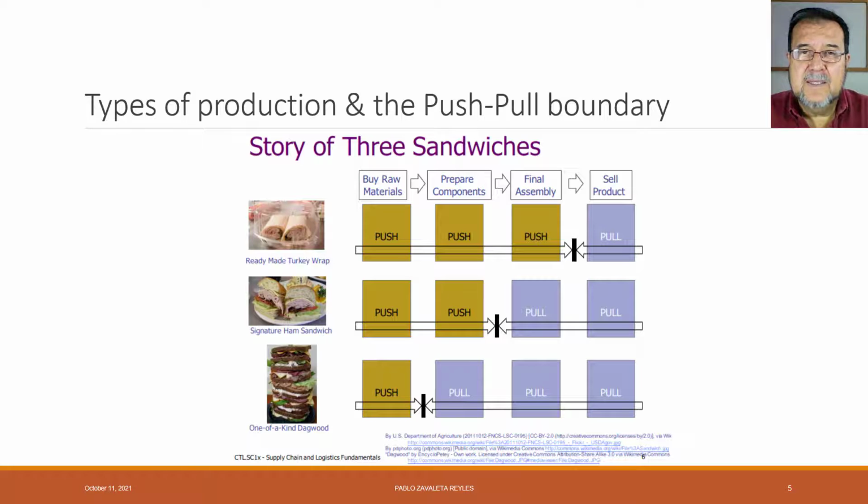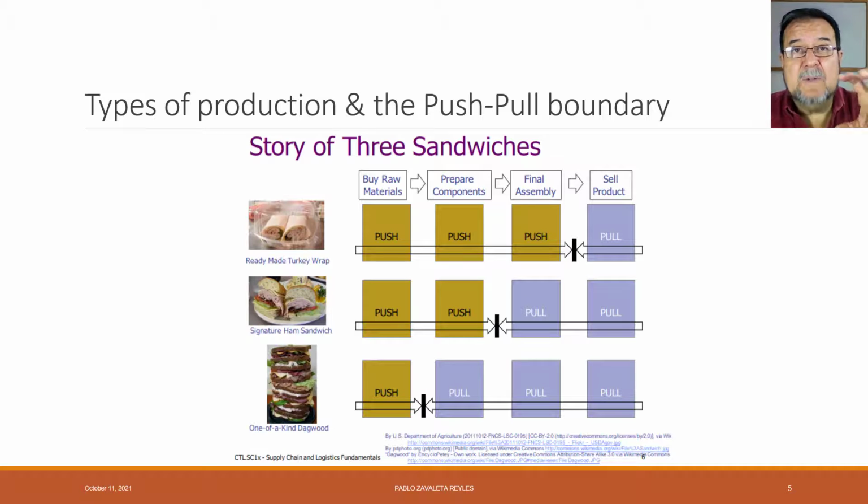Let's say that it is a company that produces sandwiches. You can have a ready-made turkey wrap where the customer just goes into the shop, grabs the turkey wrap, pays for it, and away it goes. Here we have to buy the raw materials, prepare the components, make the final assembly, and the customer comes in.